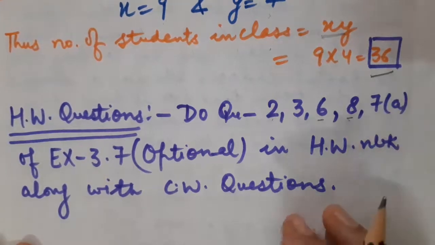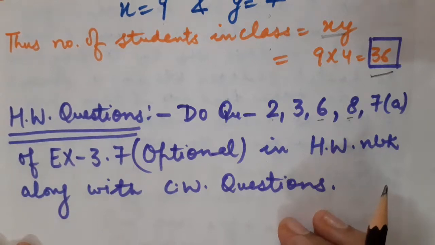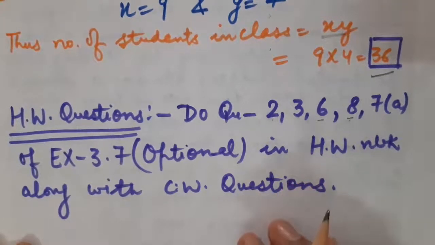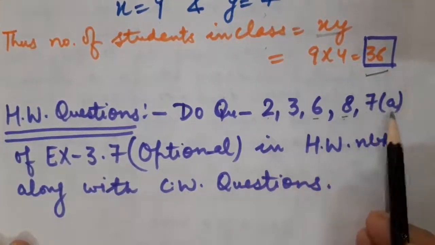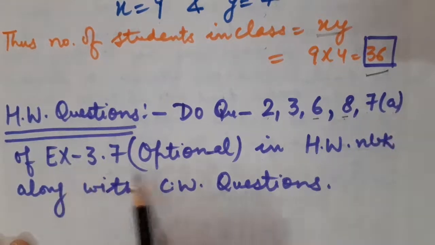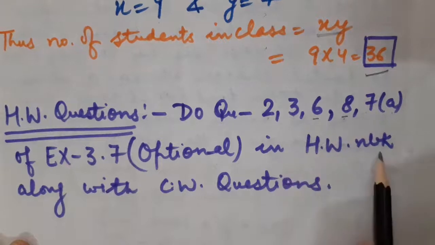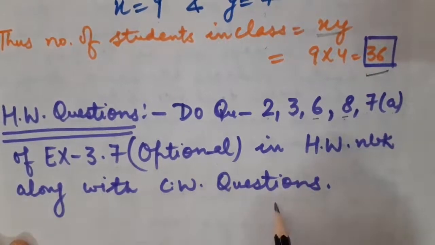The property which you have to apply in this question is that the sum of the opposite angles of a cyclic quadrilateral is 180 degrees. Fine, you apply it and you will be able to solve the question. And 7th question, A part. They are all related to exercise 3.7, that is optional. You have to do them in the homework notebook along with classwork questions.